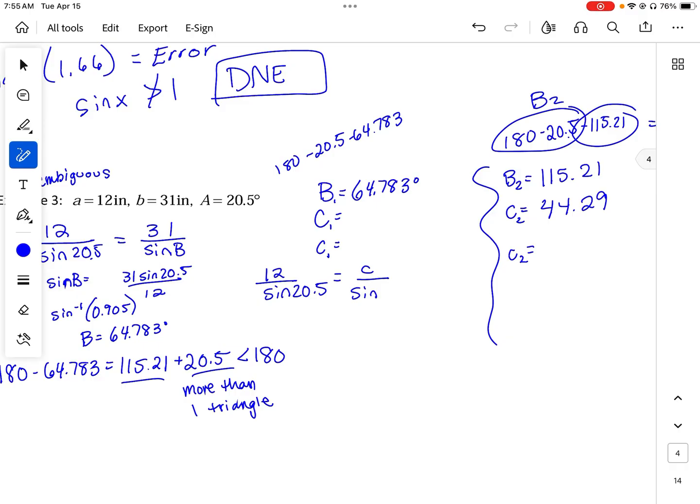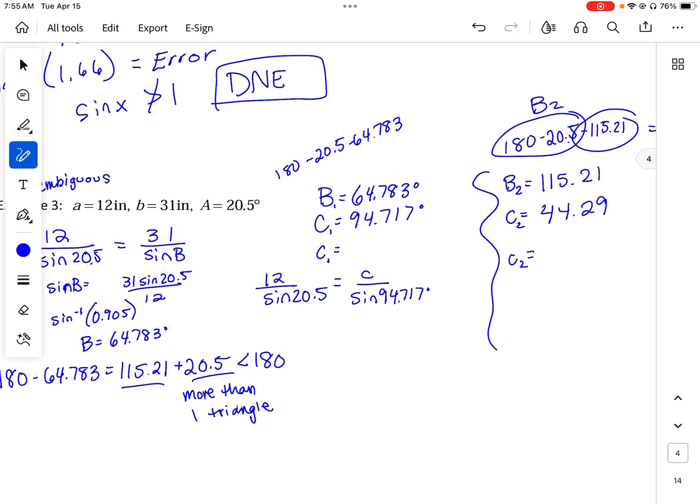That's 94.717 degrees. So that goes in my ratio.